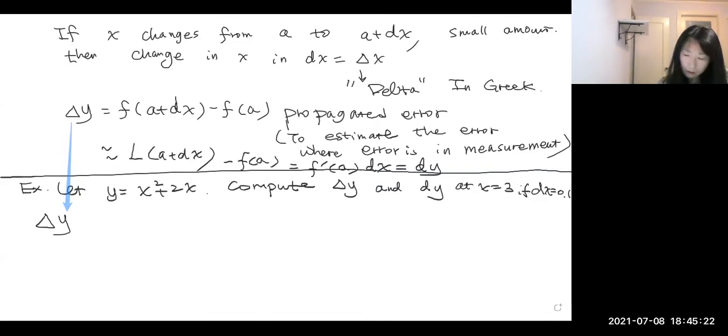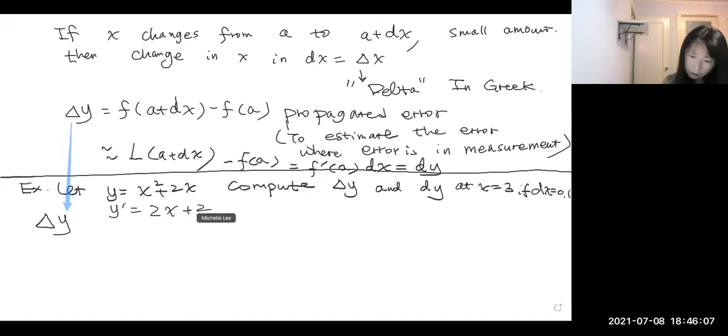So what do you get for y prime? 2x plus 2.